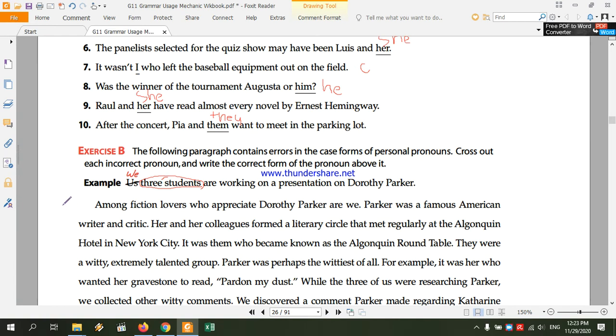Let's begin. Among fiction lovers who appreciate Dorothy Parker are we. This is actually correct. Parker was a famous American writer and critic. Her and her colleagues should be she and her colleagues.